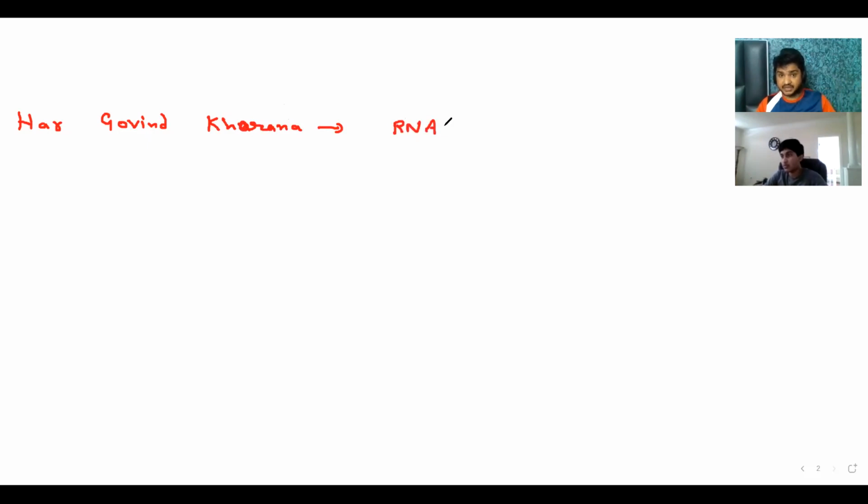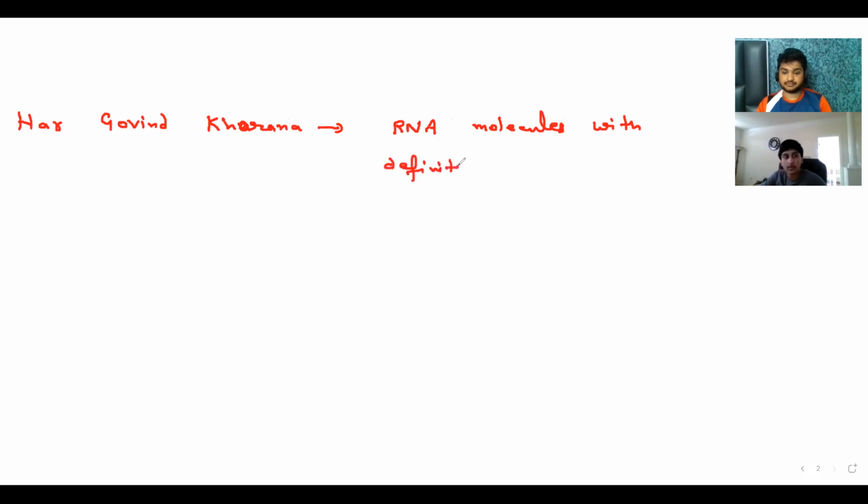With the help of the DNA, he synthesized an RNA molecule with a definite combination of bases. He wanted an RNA molecule with a definite pattern, and he made that.